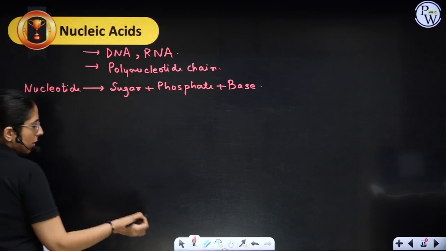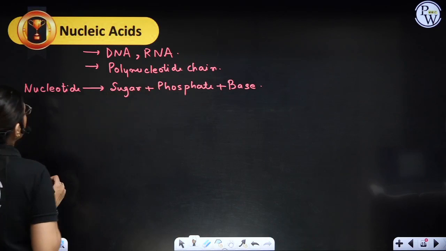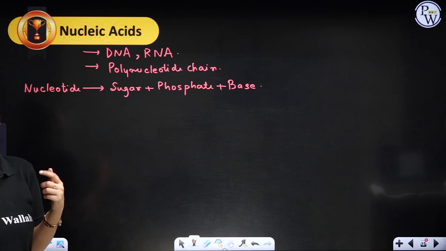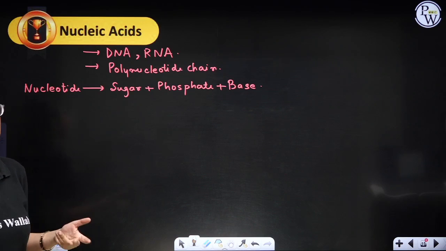Now, let's talk about the sugar. We'll be looking at all these nucleic acids in the chapter molecular basis of inheritance also, which is there in class 12. But there are only a few things related to this topic that we will definitely be discussing.